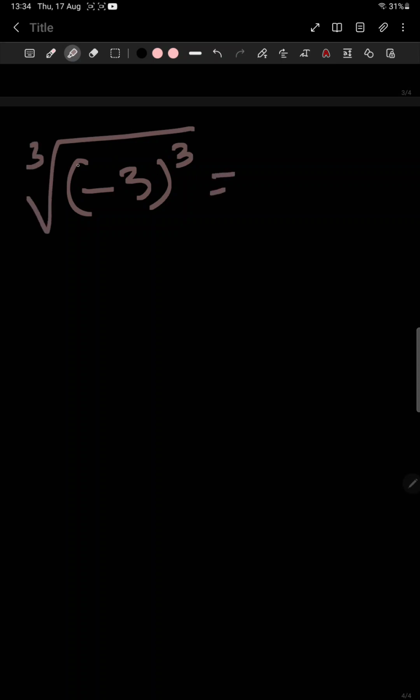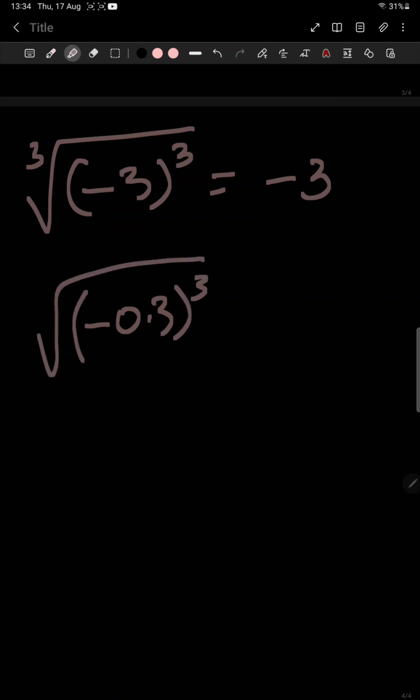What will it be? It will be cancelled and the answer will be minus 3 again. Next, for instance, the cube root of (minus 0.3) cubed. So the answer will be minus 0.3 because this is the cube root.